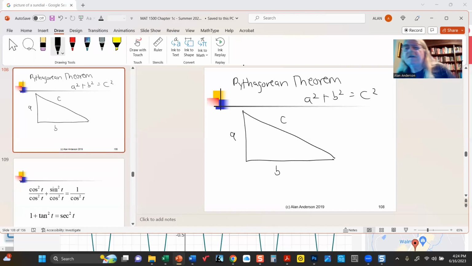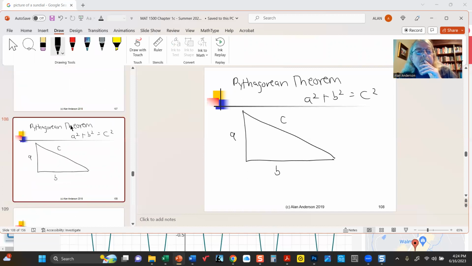Everybody remembers. It turns out that this implies at least 3 different relationships between the trig functions that, again, could come in handy.